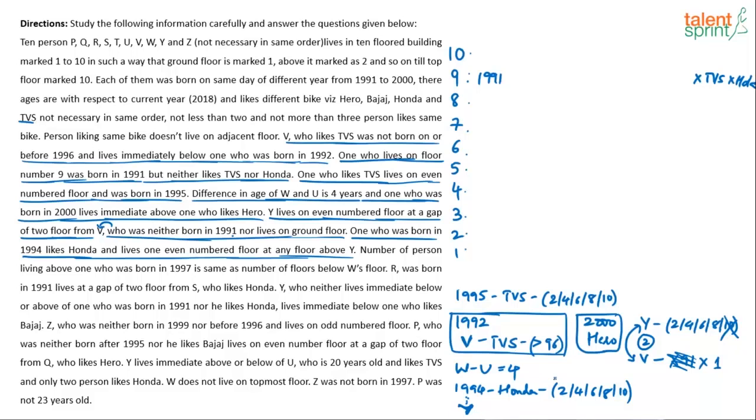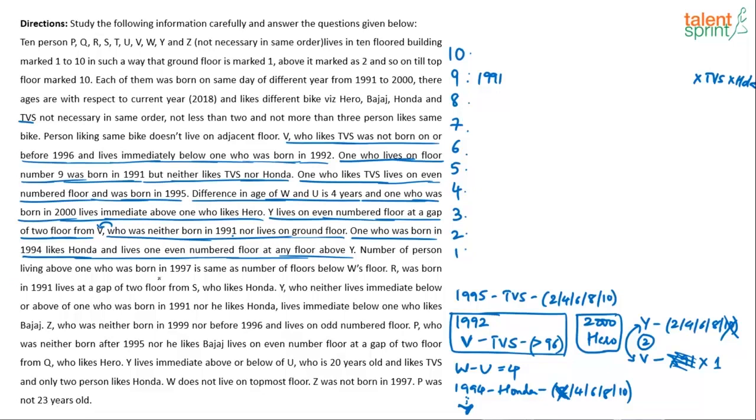No. We don't have an even floor above 10th floor. Likewise, the person who was born in 94 cannot be on second floor. Because if he is on second floor, Y should be below second floor, right? Below second floor, there is only first floor available. But first floor is not an even numbered floor. So this is how you eliminate the possibilities. Out of 5 possibilities, one is eliminated for 94 and one is eliminated for Y as well. You getting it? Move on.